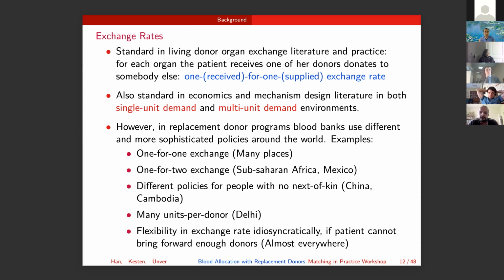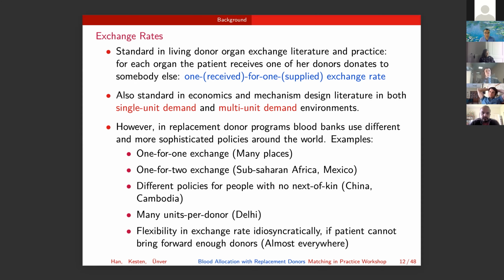Okay, so in Delhi, for example, every patient is required to bring only one donor, but they can receive whatever units they need, up to, I guess, a limit internally determined by the bank.